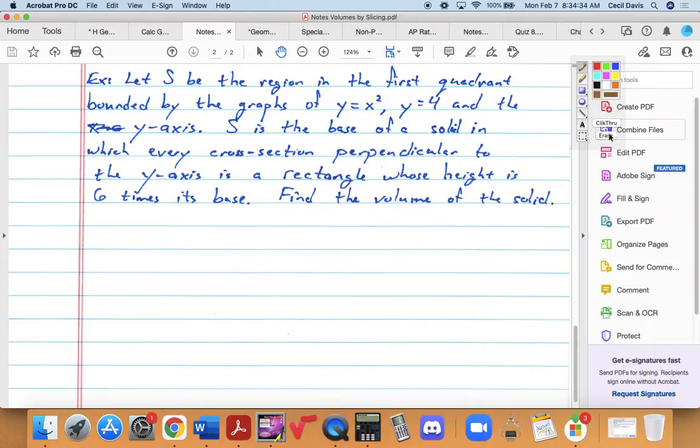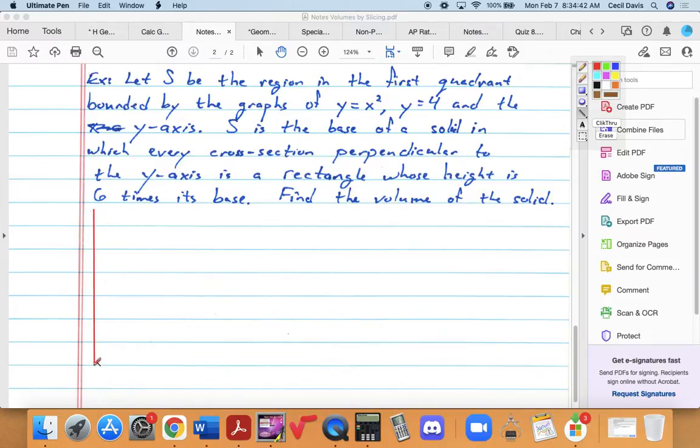Okay. Well, we'll start again by graphing this. We only want the part in the first quadrant, so I only need to draw first quadrant stuff. I've got y equals x squared, so basic parabola. And y equals 4. So a line like that.